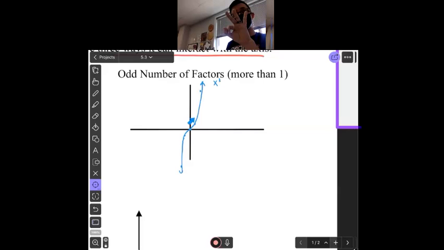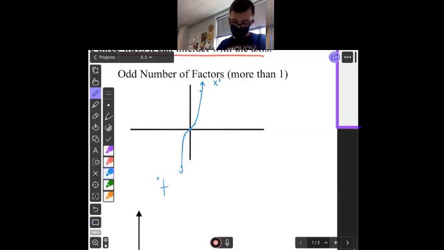What's happening at 0? So I think of the graph kind of being like twisted right there. So it is passing through 0, just like it does with 1. It passes through, but along with the pass through, it gets twisted. Or it flattens for a second and then it goes back up sharp. So again, I call it a twist.